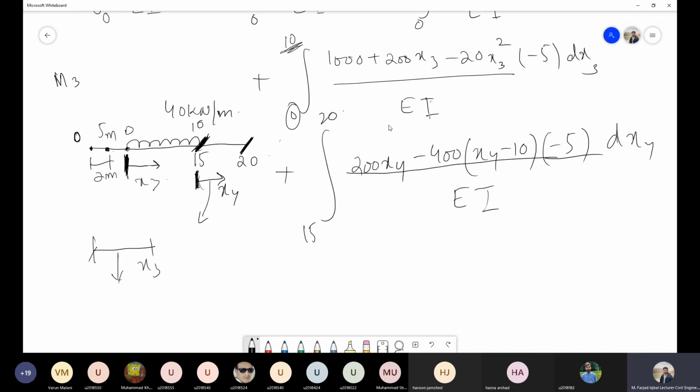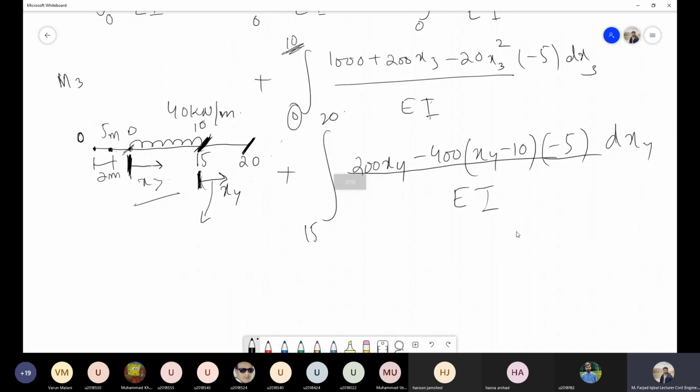In this case, the limits of x3 will be from 5 to 10, but your equation of moment will change, and the final answer for the deflection will remain the same. If you are still confused, you can adopt the same approach for both x3 and x4. You will get the same answer, don't worry.